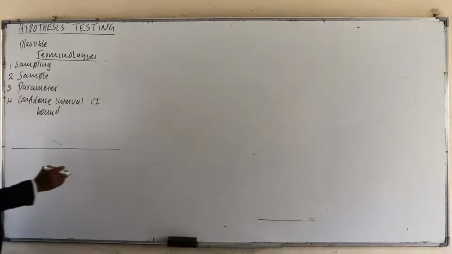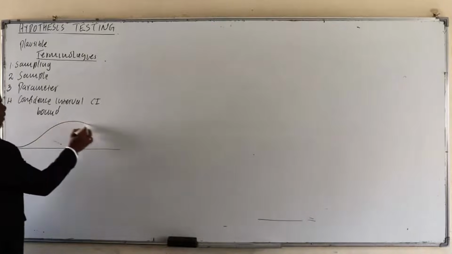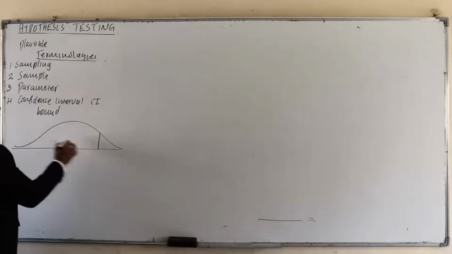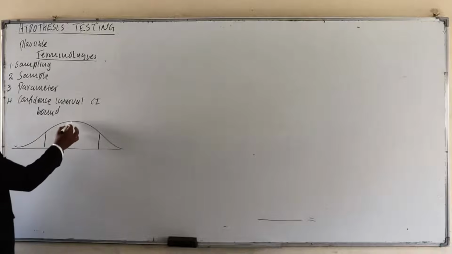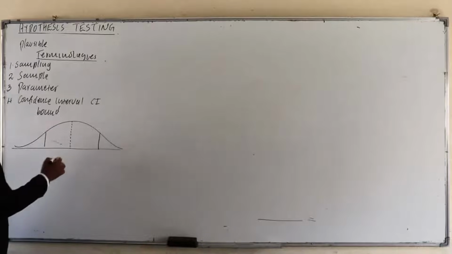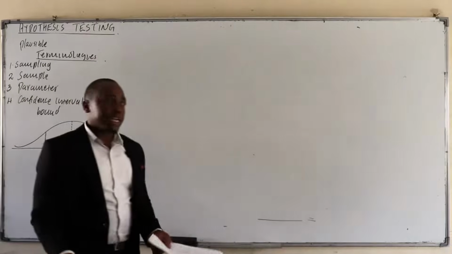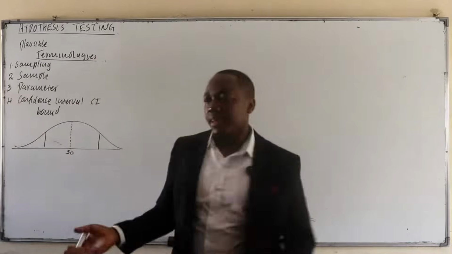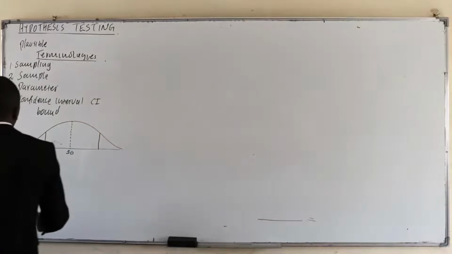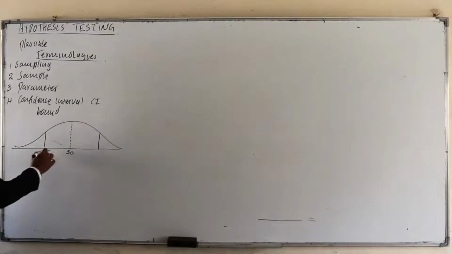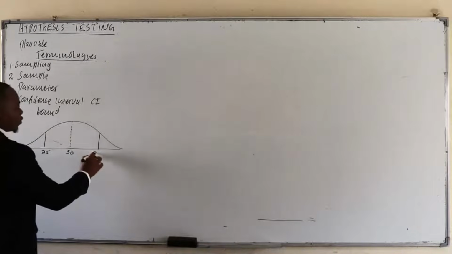Interval means it's something in between. For example, you have an average. Then you give it a margin of error. It can increase by 5 or decrease by 5, so minus 5 can be 25, or it can increase by 5.